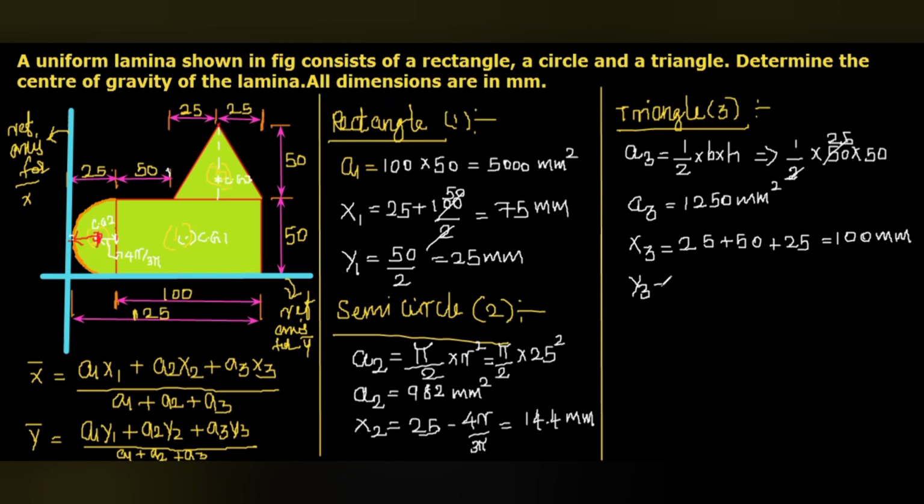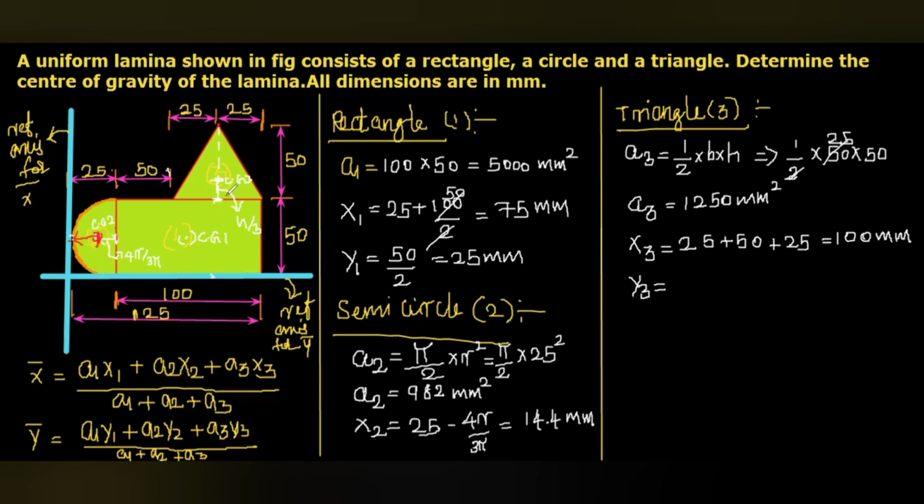Then y3. We know the formula from the larger end. This is the larger end here, because this will be the vertex. From the base to the center of gravity CG3, this distance is h by 3 or 1 by 3h. But we need the distance from the reference axis, y bar.